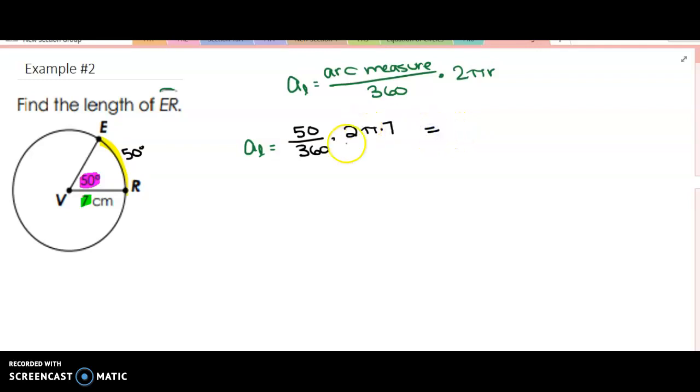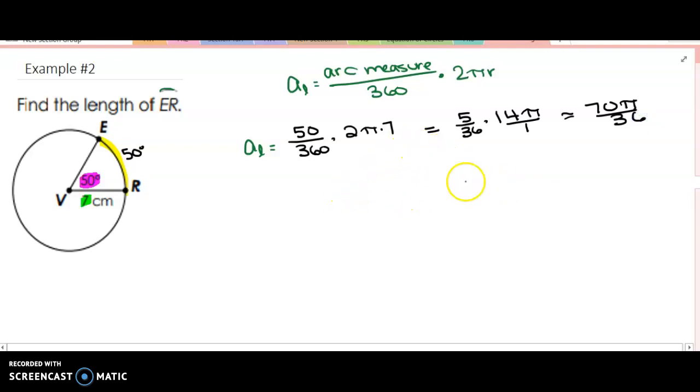Okay, and then if I simplify this, 50 over 360 is just 5 over 36 times 14 pi. Then 5 times 14, if you want to put that over 1, that's fine. 5 times 14 over 36 is 70 pi over 36, which reduces to 35 pi over 18.